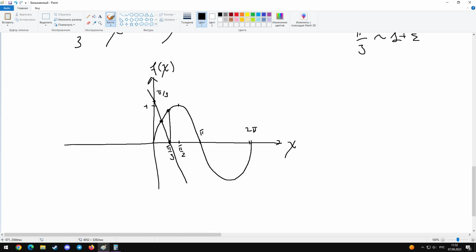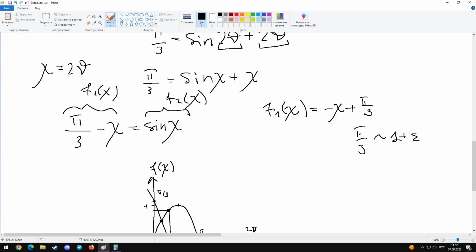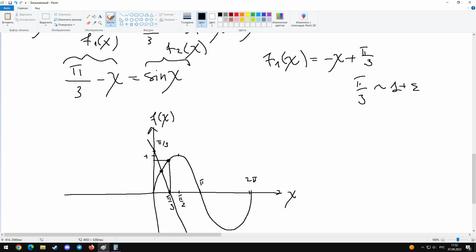I have to find the sine of pi over 3, and after that I do the reverse f1 to get an x. Here I get an x, so I get the sine of this x, and then again reverse f1 to get this point, and then sine, and then reverse, and then sine, and then reverse.